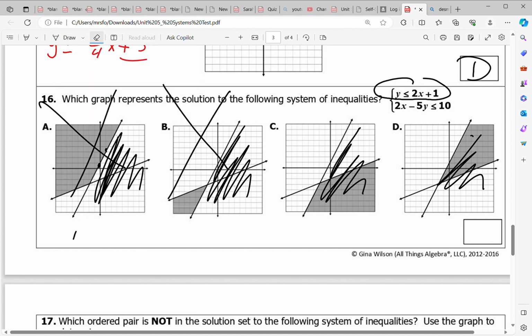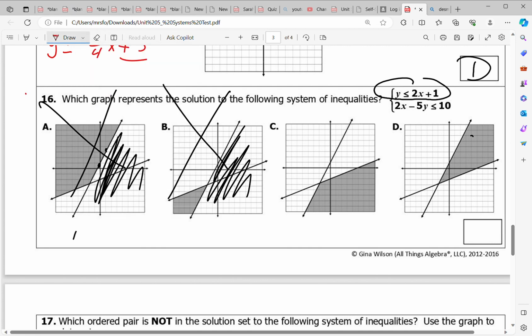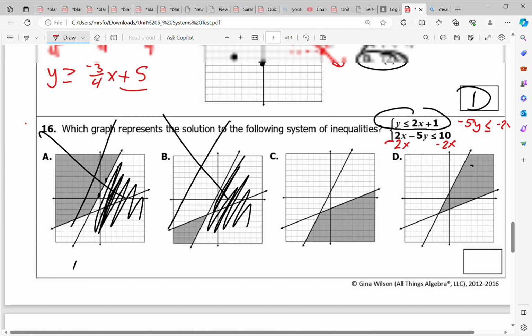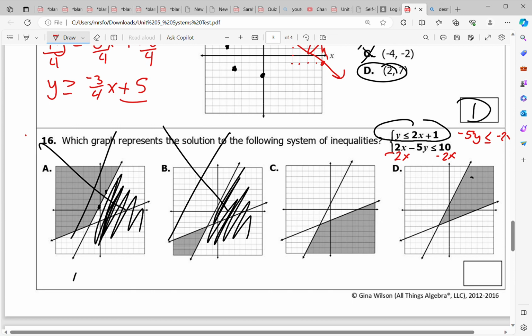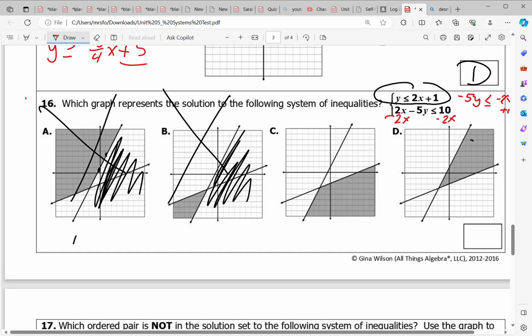Now, to do this, we have to solve the next one. So I subtract 2x. That's negative 5y less than or equal to negative 2x plus 10. Again, divide.